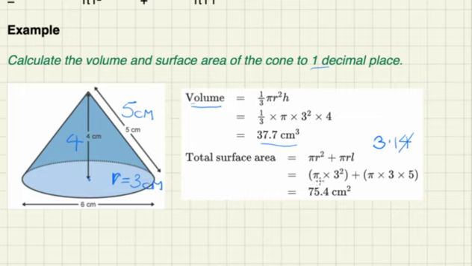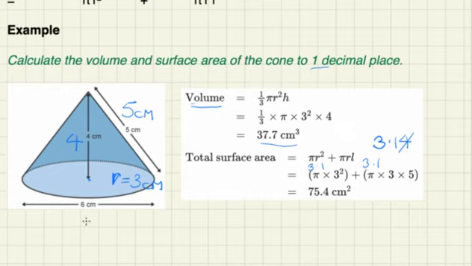So it's pi 3.1 multiplied by 3 squared plus pi 3.1 multiplied by 3 multiplied by 5. And if you do the calculation, it comes out to 75.4 centimetres squared. So this is not a volume. Volume is cubed. This is a flat surface area, and so that's squared.